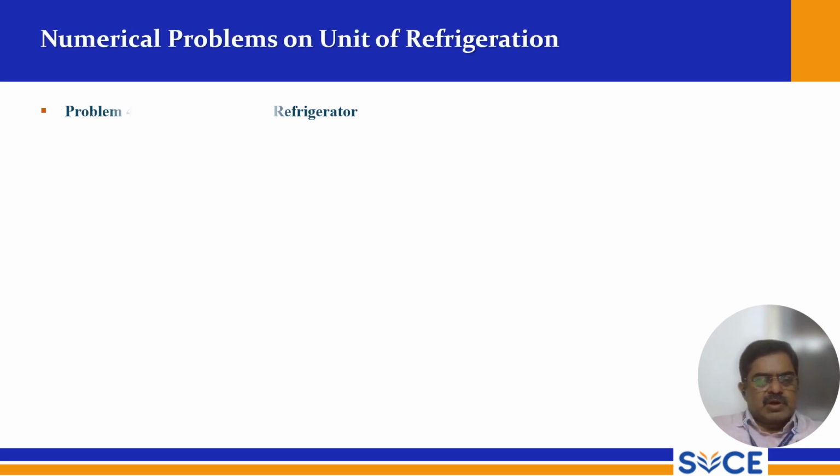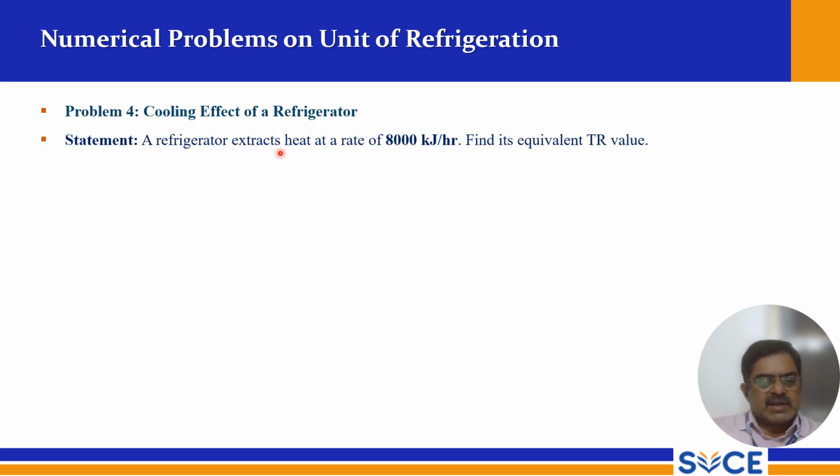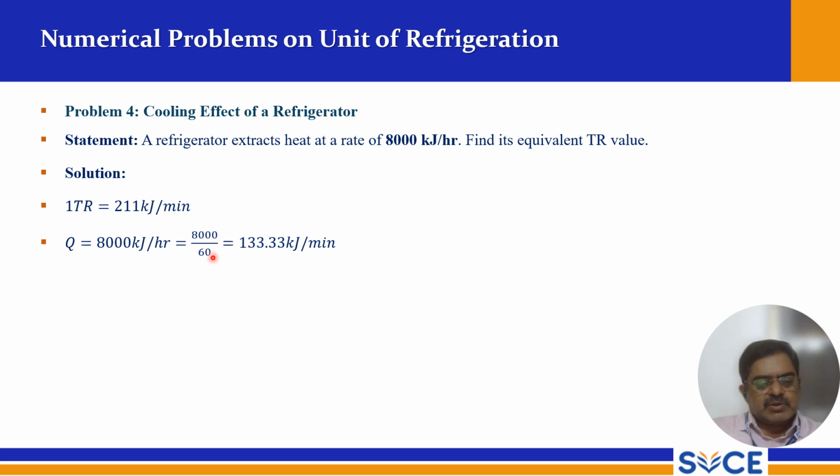One more problem we'll see here: cooling effect of a refrigerator. Here we are going to calculate the Q value. A refrigerator extracts heat at a rate of 8000 kilojoules per hour. Find its equivalent TR value. 1 TR equals 211 kilojoules per minute. It is given 8000 kilojoules per hour, so this should be converted into kilojoules per minute. 8000 divided by 60 equals 133.33 kilojoules per minute.